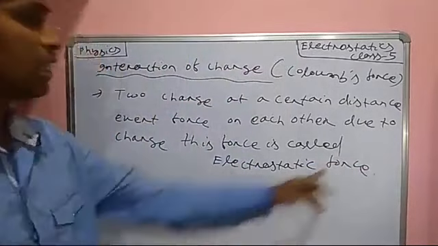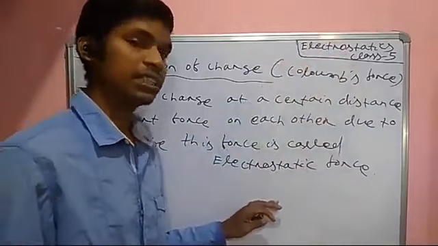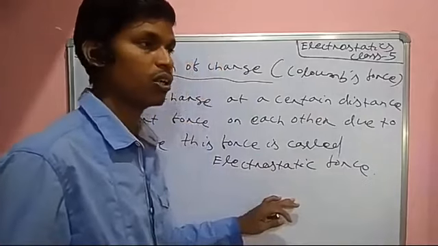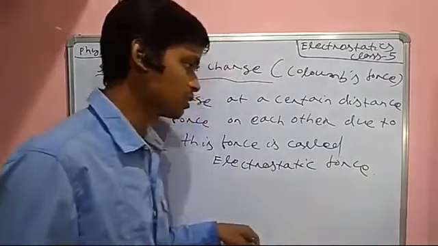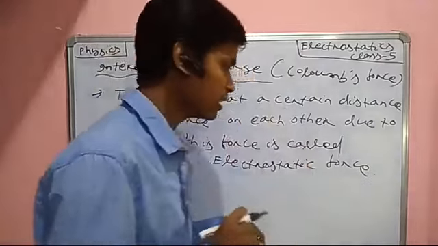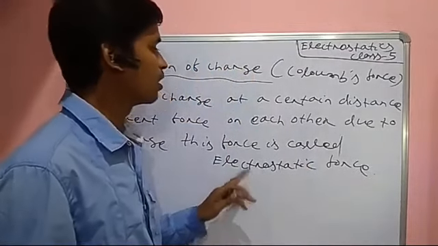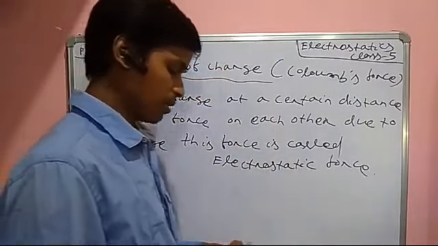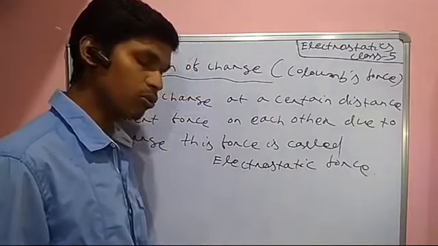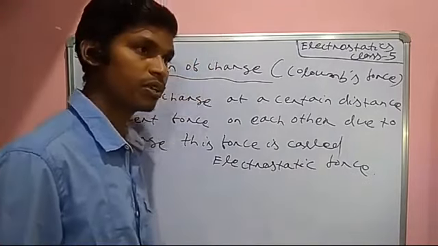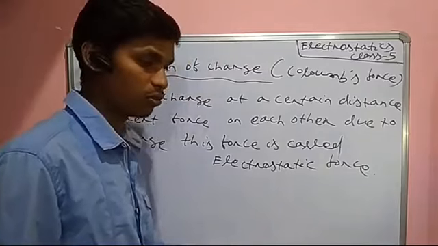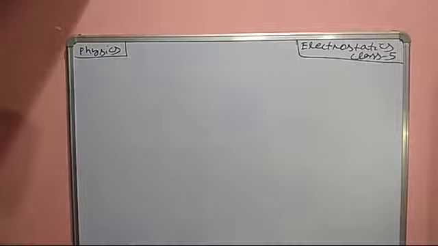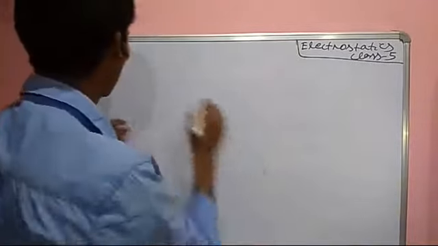Yes or no? This electrostatic force is stated by Coulomb's law. Coulomb is a scientist who invented the law of force between two charges. That is called Coulomb's law. Now you have to note down and study Coulomb's law.